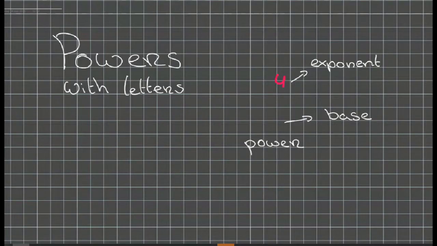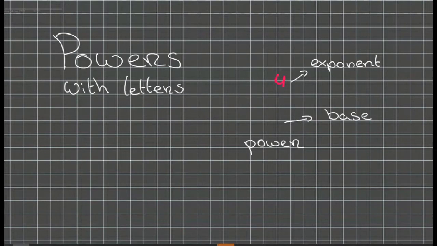Now in my previous video I talked about powers, and in the videos before that I talked about calculating with letters. Well, if we combine those two we get powers with letters, and that works actually the same as just powers with numbers.